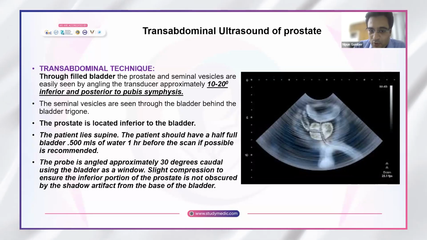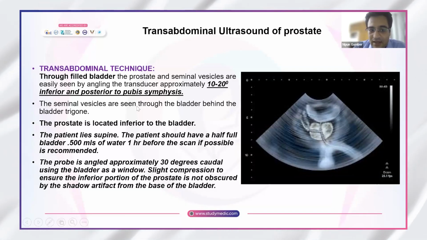So place your probe approximately 10 to 20 degrees inferior and posterior to the pubic symphysis, and you will be able to visualize the prostate and the seminal vesicles. The urinary bladder should be moderately filled, around 150 to 200 cc, for better visualization of the prostate.